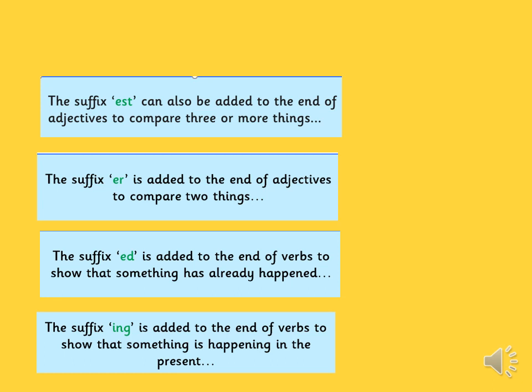The suffix er is added to the end of adjectives to compare 2 things. The suffix ed, which is added to the end of verbs to show that something has already happened. And the suffix ing is added to the end of verbs to show that something is happening in the present. So currently. Well done, guys.